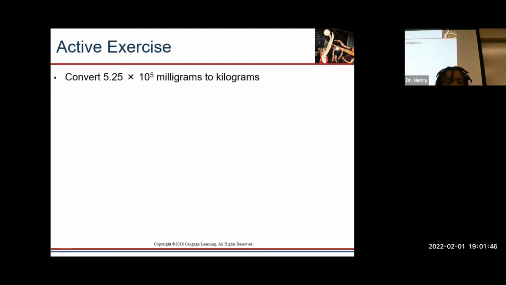Okay. Convert 5.25 times 10 to the 5th milligrams to kilograms.